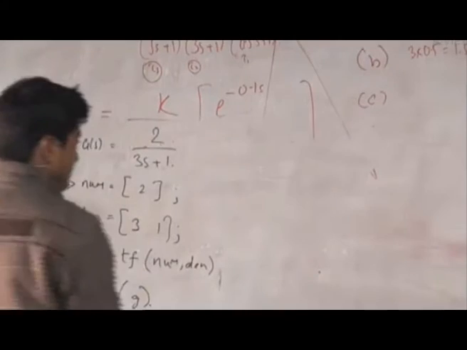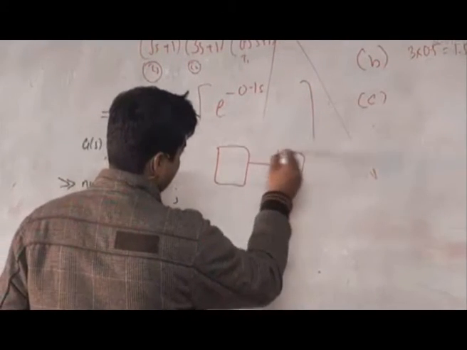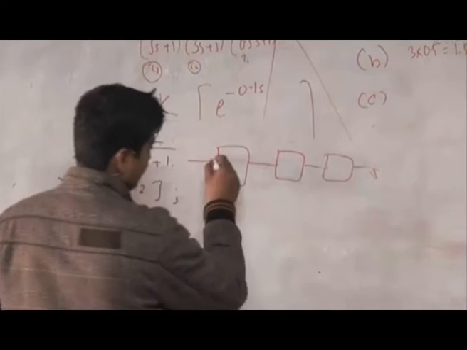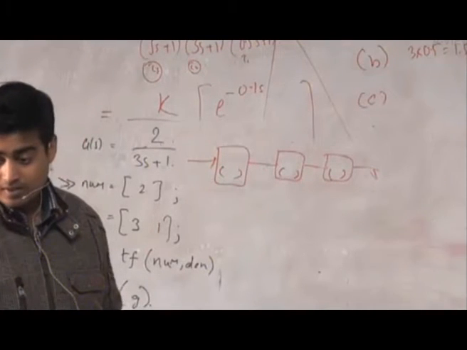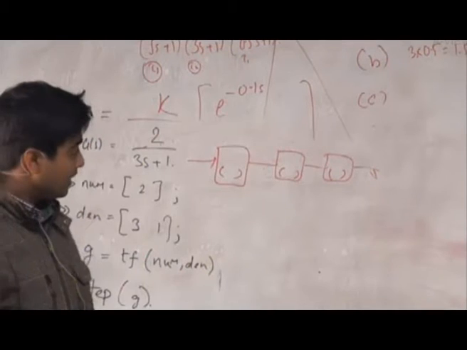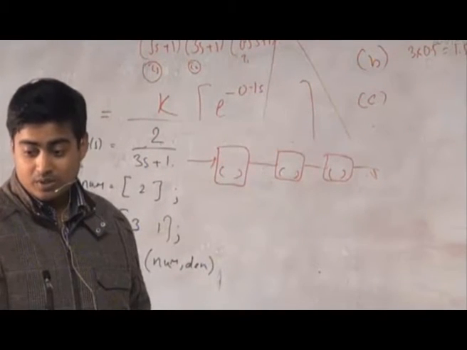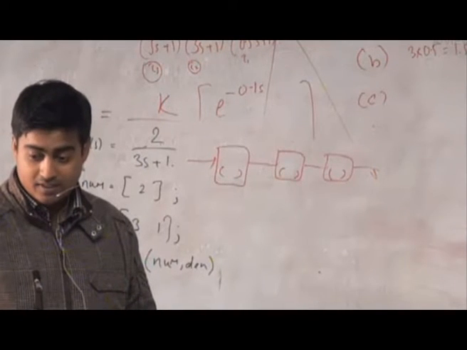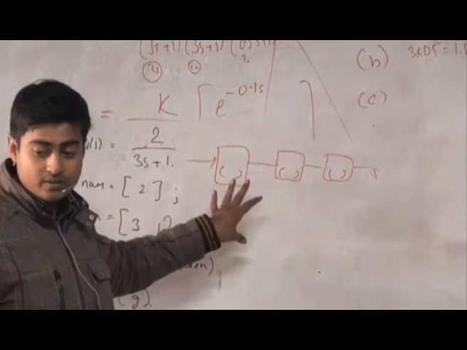So if you have a sixth order system, you make three blocks, a second order system, a second order system, a second order system. Is this what you want to ask? Yes, sir. Yes, you can implement this. Doing the analysis and designing a controller for this one is a separate story.